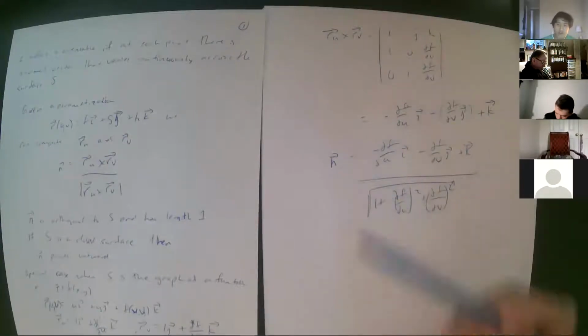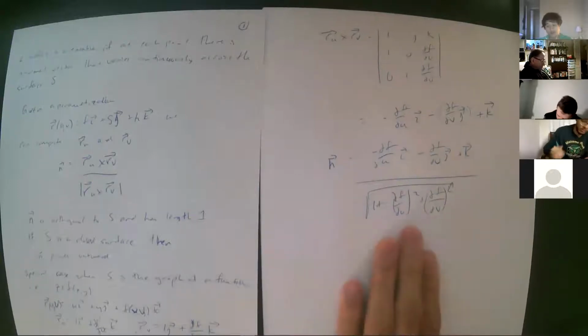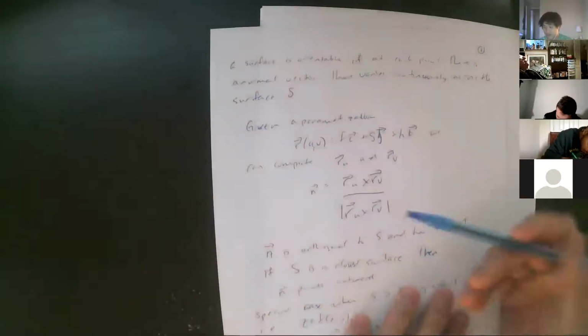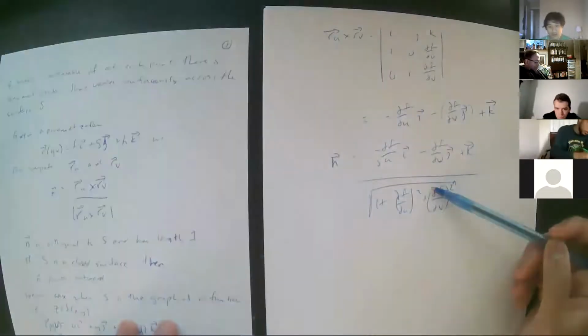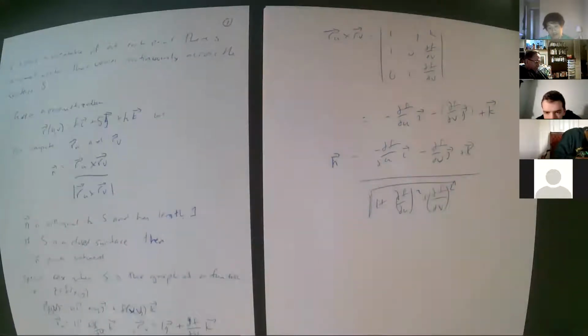So we have two kinds of surfaces: ones that are graphs of functions and ones that are not. Pretty obvious. The ones that are not, we cannot use this formula. We've got to use this formula here. But when it's a graph of a function, we can use this shortcut. Then we don't have to compute another cross product.